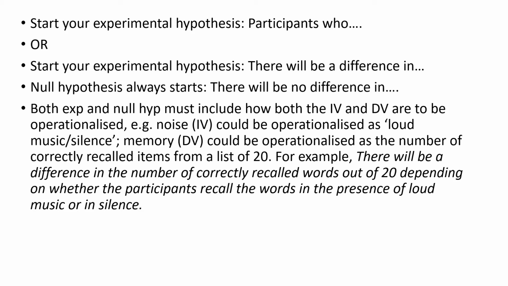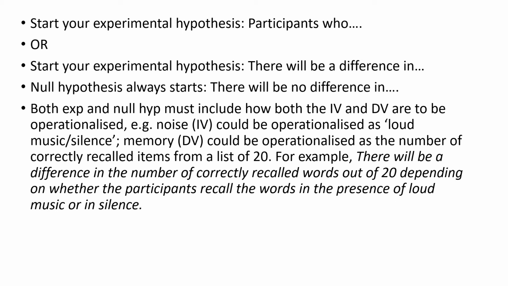Now, you might want to do it this way: participants who, or there will be a difference. So we've got at the top a directional hypothesis, then a non-directional hypothesis, but label them experimental hypothesis. Don't put directional or non-directional. And you always have your null hypothesis.